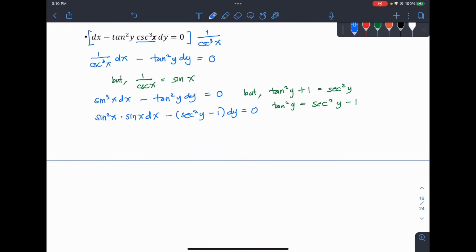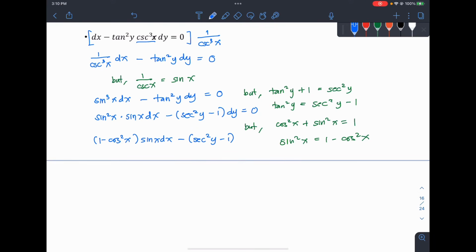So sine squared x times sine x cannot be integrated again. But remember the Pythagorean identity, that is cosine squared x plus sine squared x is equal to 1. So thus, sine squared x is equal to 1 minus cosine squared x. So we can further rewrite this one as 1 minus cosine squared x, multiplied with sine x dx, then minus secant squared y minus 1 dy is equal to 0.